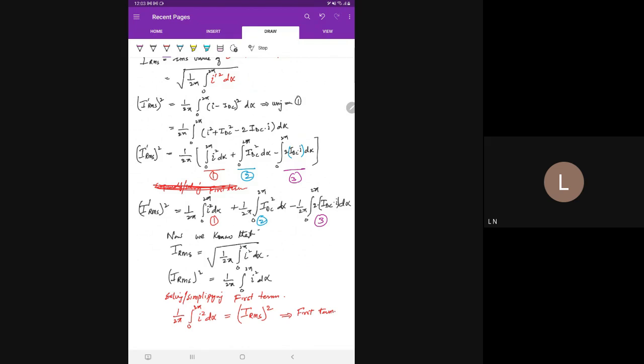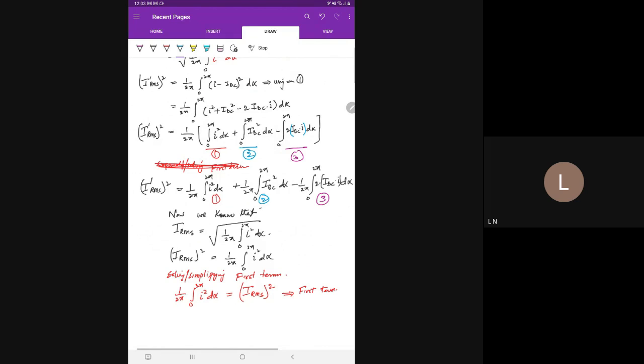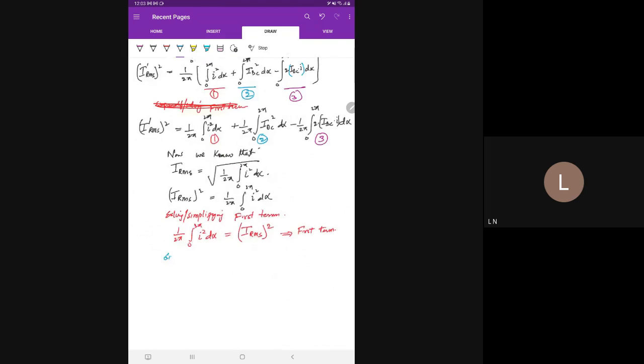Now about the second term. Simplifying the second term, our second term is equal to 1 by 2 pi integral 0 to 2 pi I dc square d alpha.